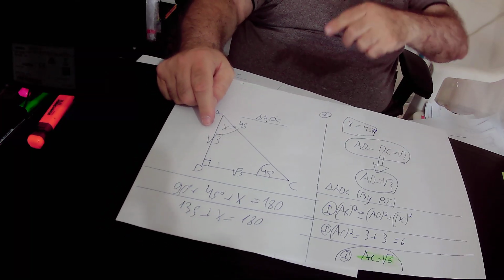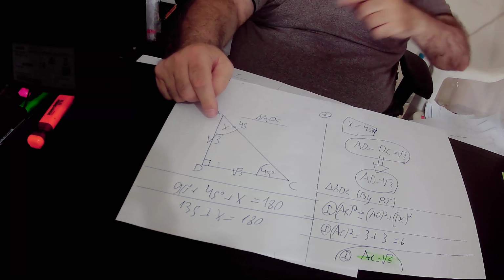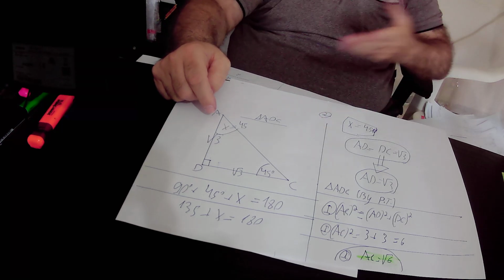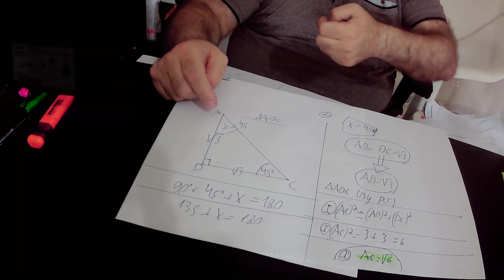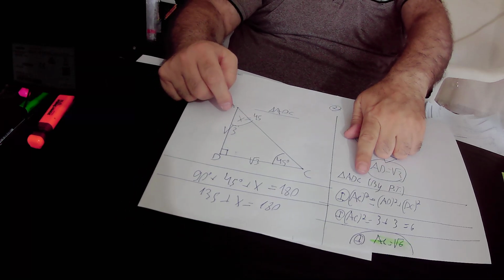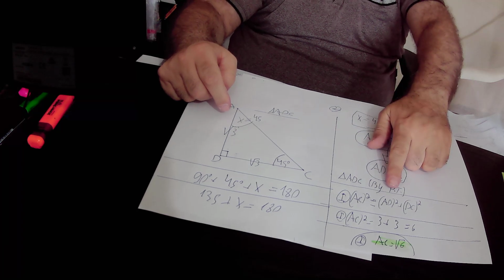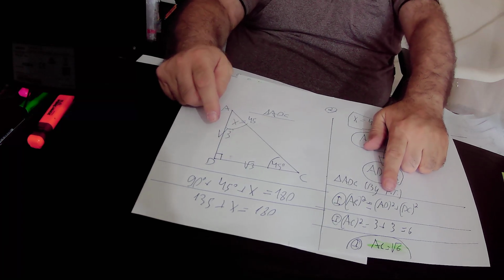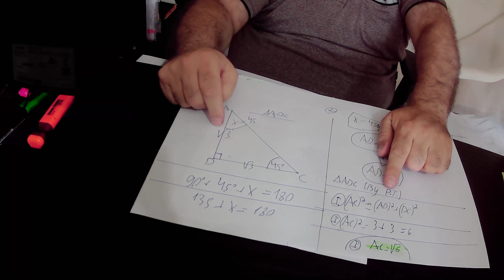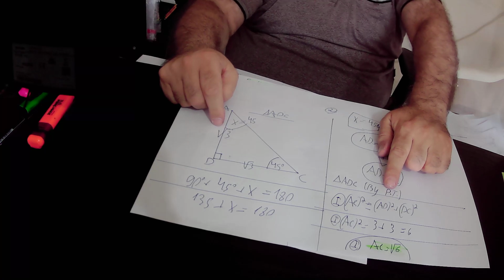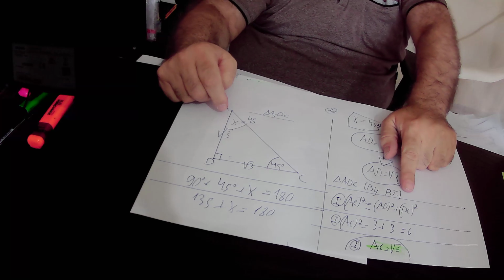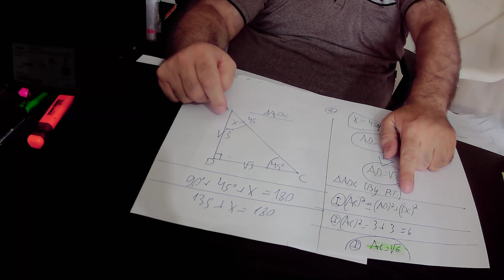Then we implemented the Pythagoras theorem on the right triangle ADC in order to find the length of the hypotenuse AC. According to the Pythagoras theorem, the square of the hypotenuse equals the sum of the squares of the perpendiculars. The hypotenuse is AC, so AC squared must be equal to AD squared plus DC squared. AD is square root of 3, therefore AD squared is 3, plus DC squared, DC is square root of 3, and its square is 3.